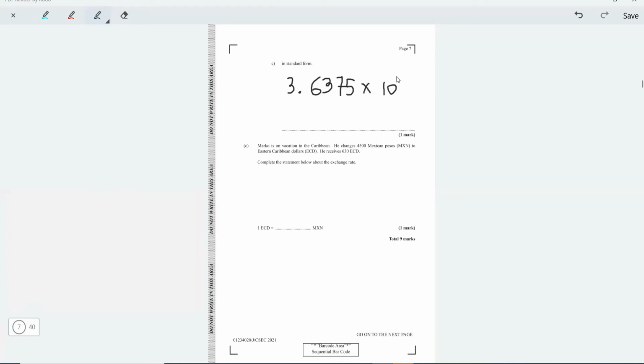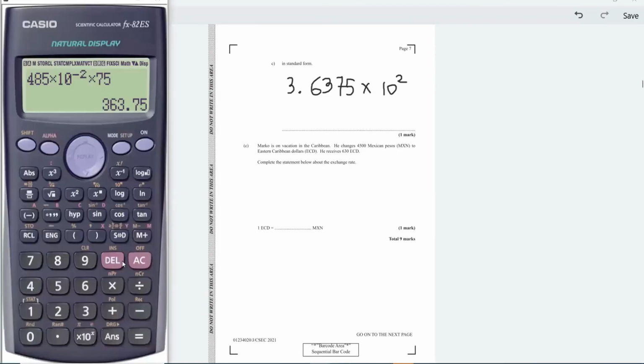And if you don't believe me, I'm just going to show you in the calculator. If I write 3.6375 times 10 to the second power, we get our answer, 363.75. So that's that. Nice.